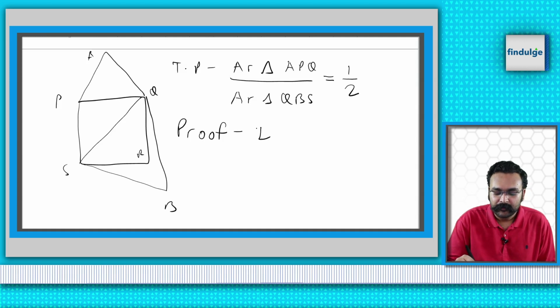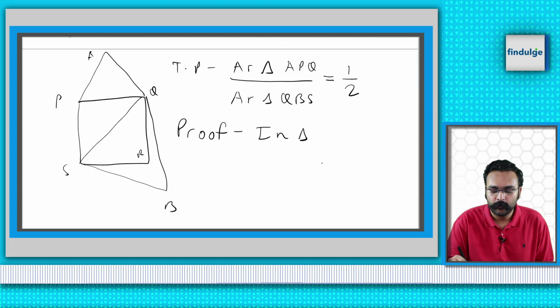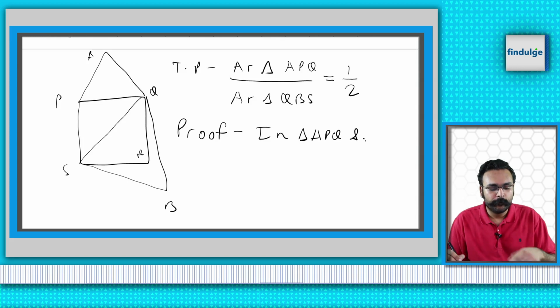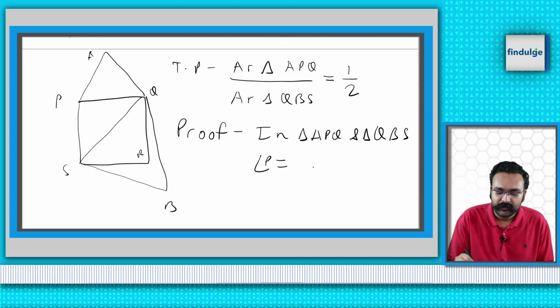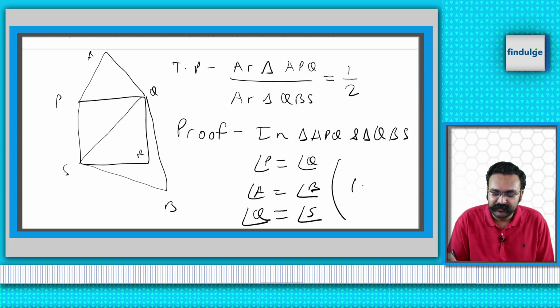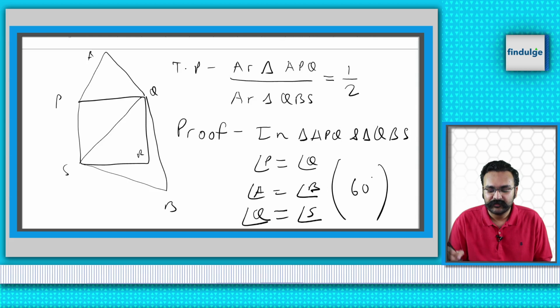So in triangles APQ and QBS, we know that angle A is equal to angle B, and angle Q is equal to angle S, because they are all 60 degrees because they are equilateral triangles.